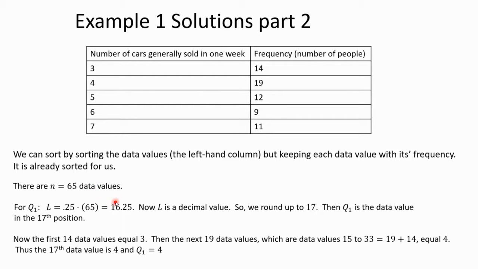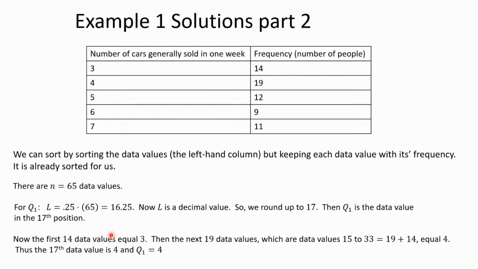Now since that's a decimal, we round that up to the next whole number. So even though rounding rules would say round to 16, we're going to round up to 17. So that tells us Q1, the first quartile, is the data value in the 17th position.